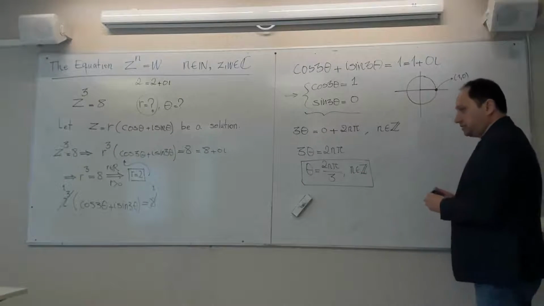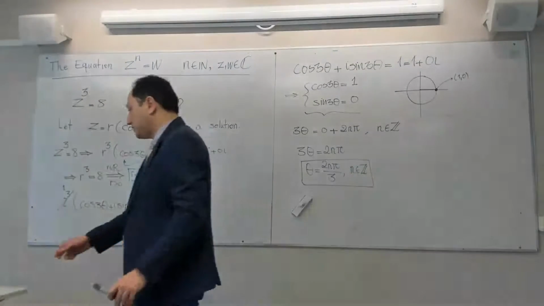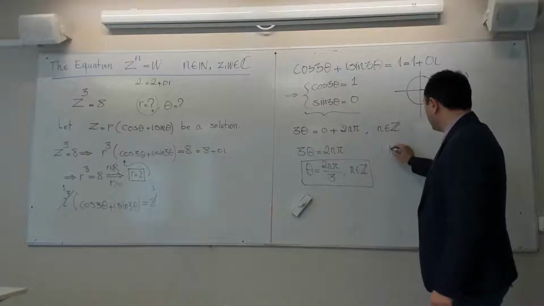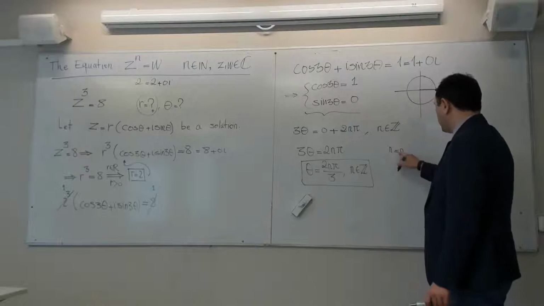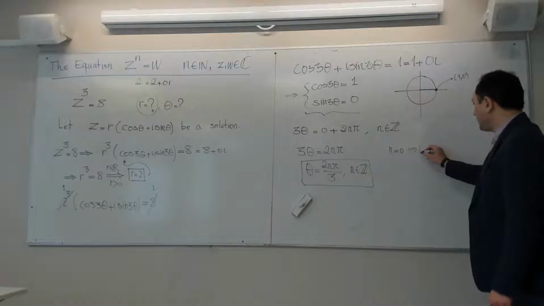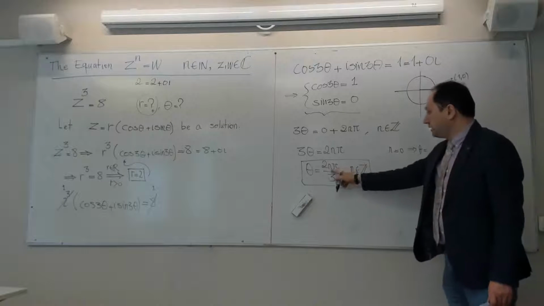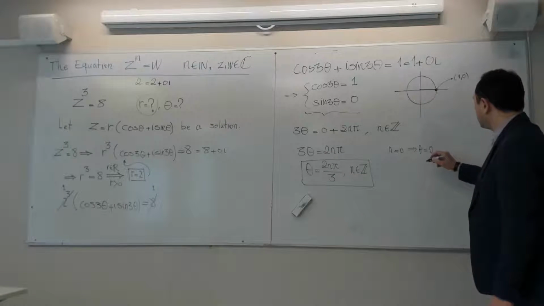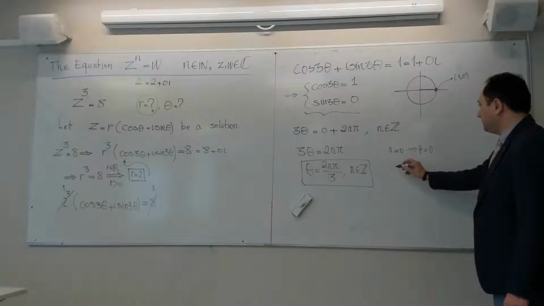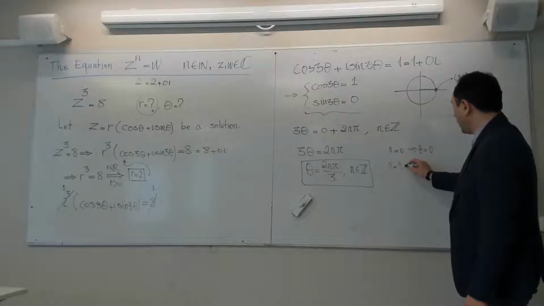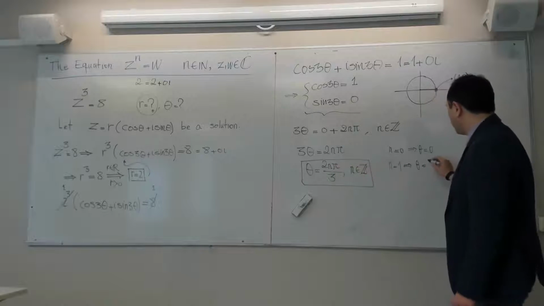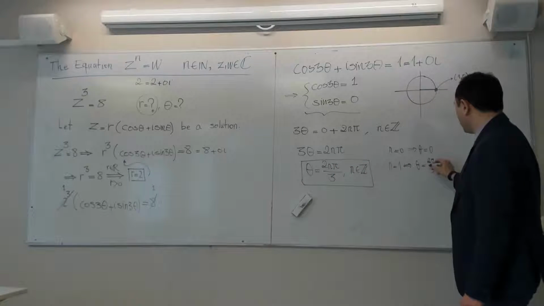So for example, let me start with putting n equal to 0. Because n is an integer, let me start with non-negative integers first. The smallest one is 0. So this implies that theta, when I put 0 here, this is totally gone, it is 0. So this is exactly this point. And let me put n equals 1. What happens? Theta becomes 2 times 1 times pi over 3, 2 pi over 3.